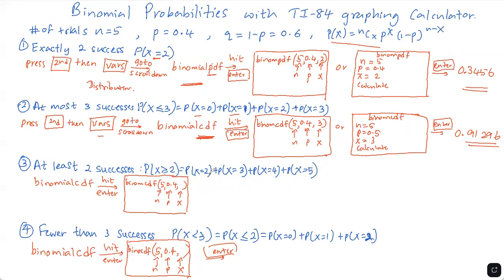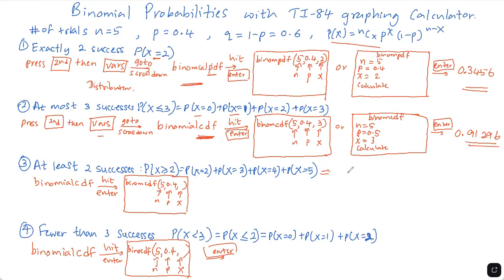So as you can see, it's calculating starting from 2 to 5, right? But if you use the calculator, you should get the left probabilities. That means we have to consider the complement set.